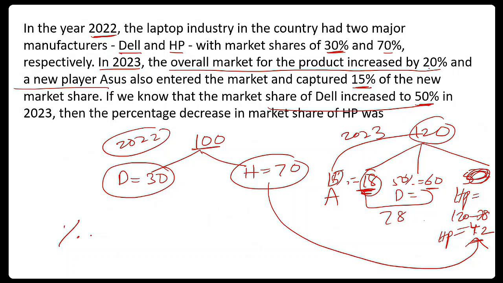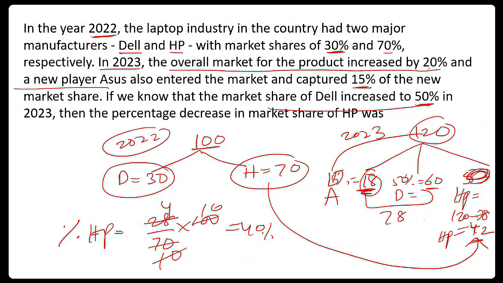So percentage decrease in HP market share is 28 by original 70 into 100. If I simplify, 7 fours, 7 tens, 10 ones, 10 tens, so it is 40%. Answer is 40%. Percentage decrease in the HP market share is 40. That is the answer.